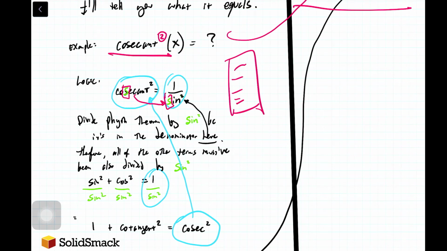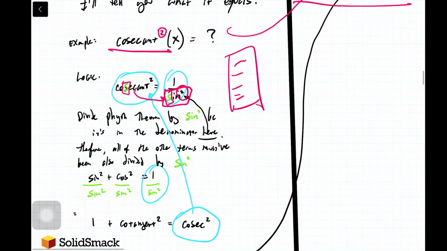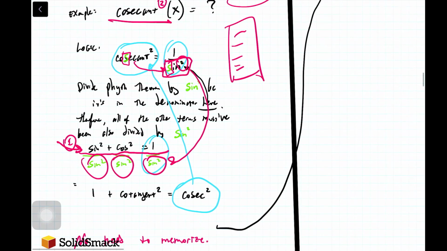That's the reciprocal. So if I'm dividing by sine squared, and it's squared, it means it came from the Pythagorean Theorem. It means that we started, this is step 1, with sine squared plus cosine squared equals 1. If we divided it all by sine squared, which is what we did, I'm going to divide all the other terms.